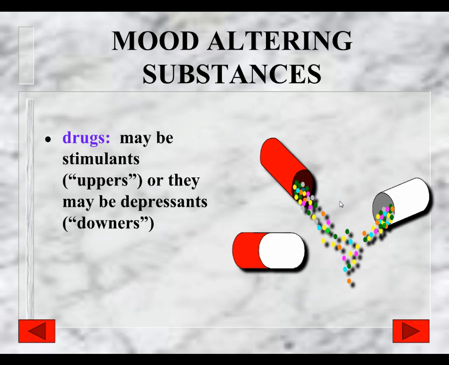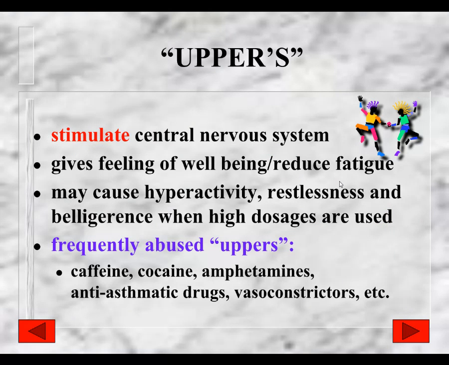Drugs can be stimulants or depressants. They can either speed up or slow down the body systems. And know that when we talk about mood-altering substances, it's how it affects the nervous system, not necessarily how it makes the person feel. Stimulants affect the central nervous system.